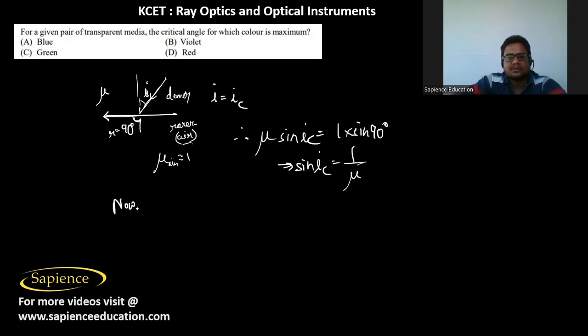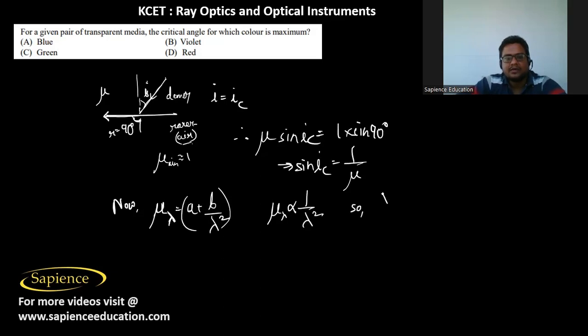Now, according to Cauchy's equation, mu of lambda is equal to a plus b by lambda square, where a and b are called Cauchy's constants. So mu of lambda means the refractive index that corresponds to the given wavelength lambda in a given medium. So the refractive index for a given wavelength is inversely related to lambda square.